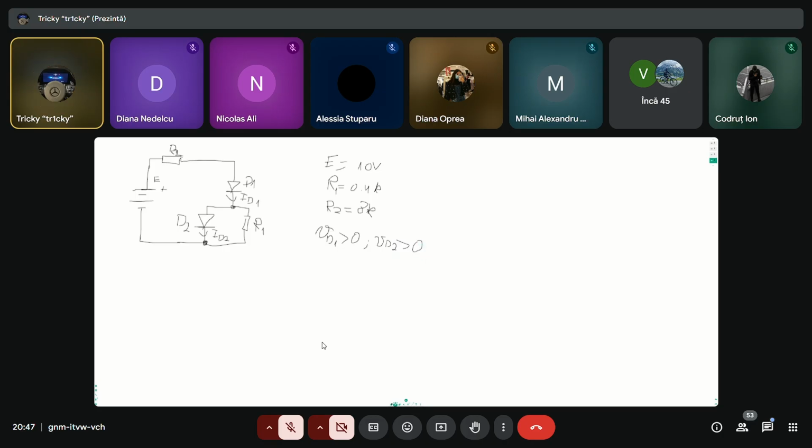Okay, let's try to think this through. So let me also draw the arrows, this one here and this one here, VD1 and VD2. Good. So let's try to see what is the best Kirchhoff that we can take here.